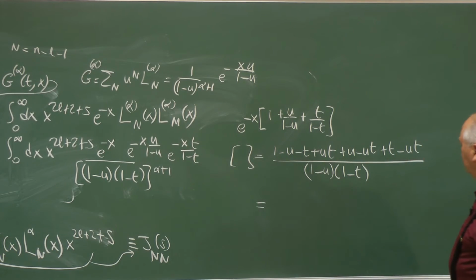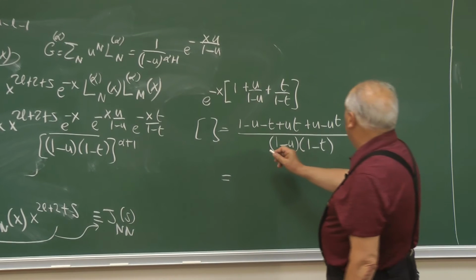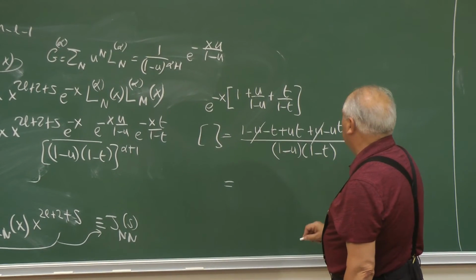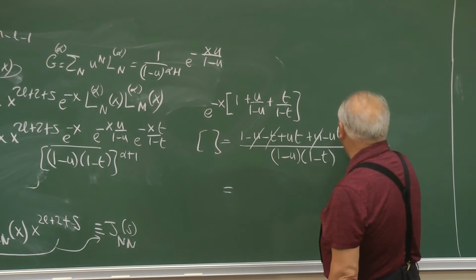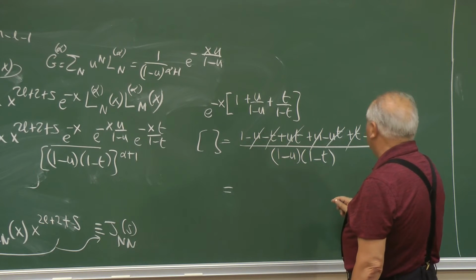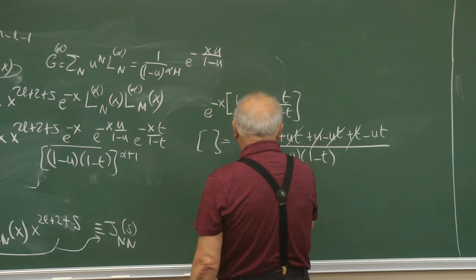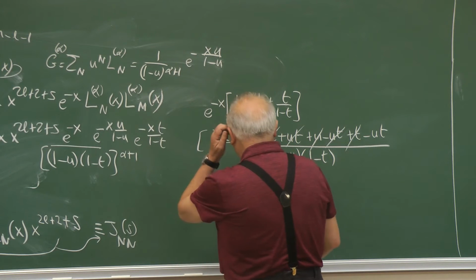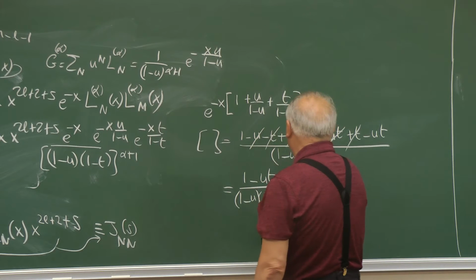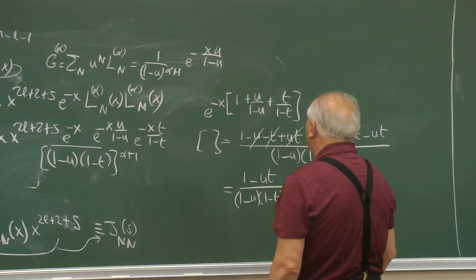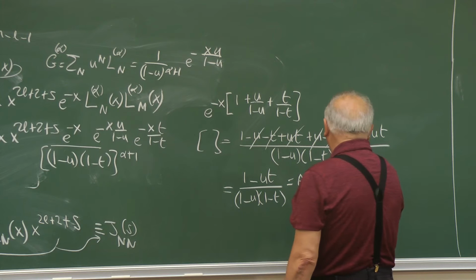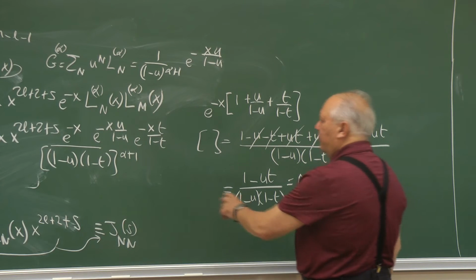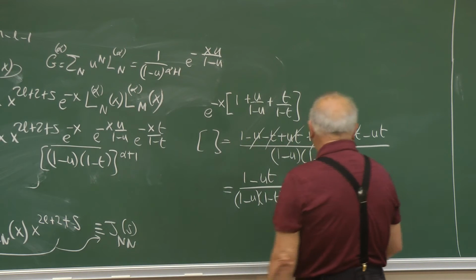Now let's see which terms cancel. U terms cancel, t terms cancel. This ut cancels that. So it is 1 minus ut divided by 1 minus u, 1 minus t. Let's call it a. Therefore, we have e to the minus xa for this thing, where a is this.